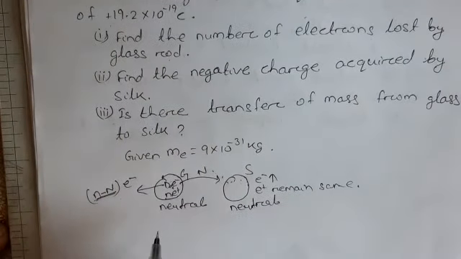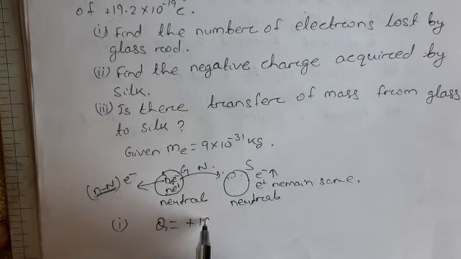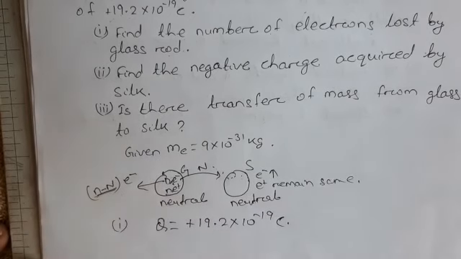See, the net charge acquired by the glass rod is positive 19.2 × 10^-19 coulomb.